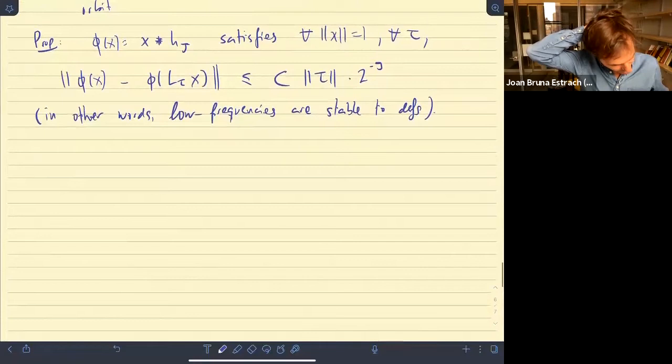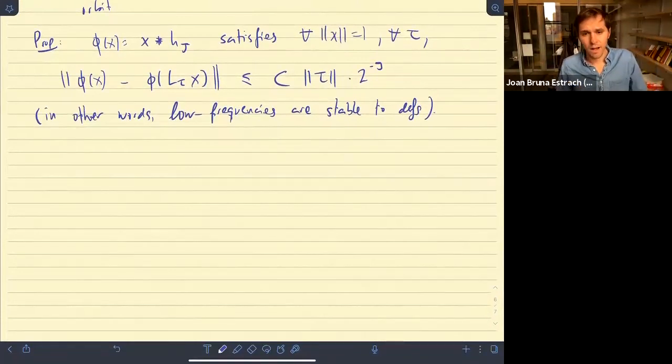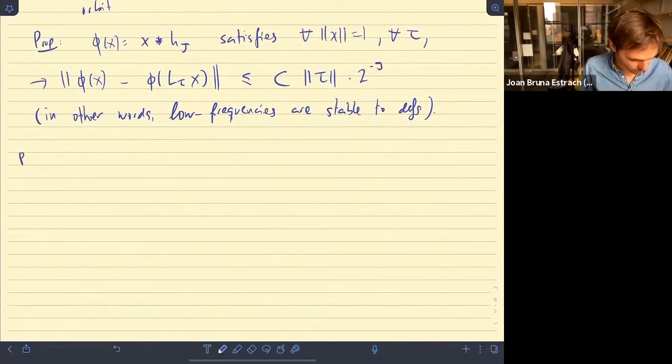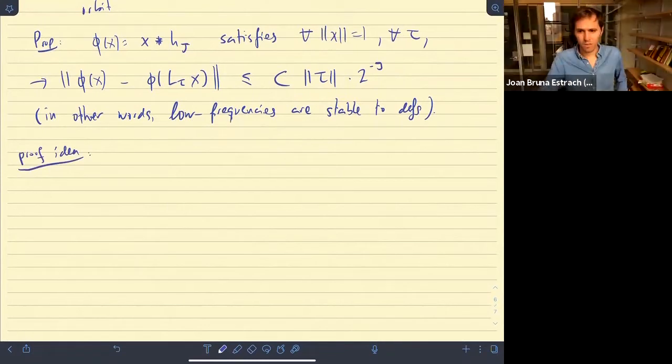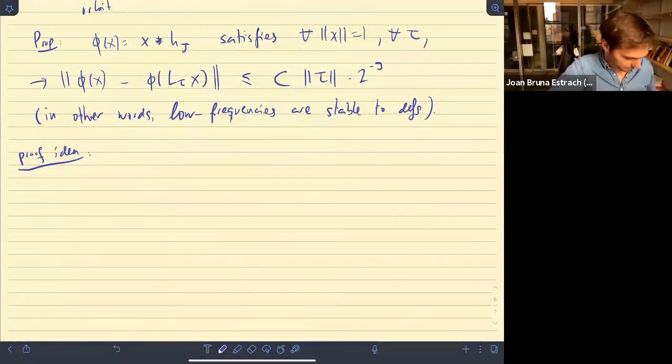So just so that we can get a grasp on how to prove this kind of result, I'm going to do a very simple proof idea. First observe there's one simple observation that then makes the proof easy.